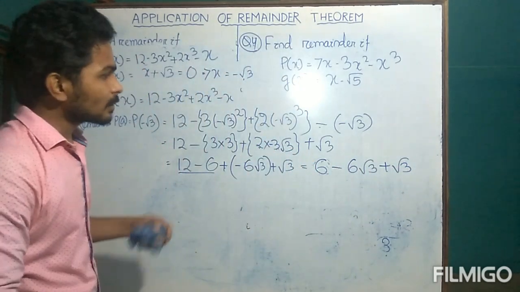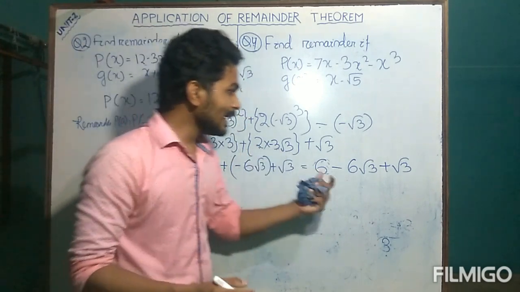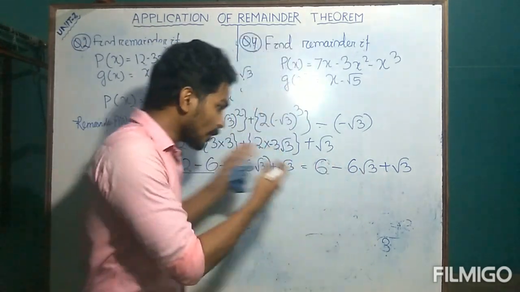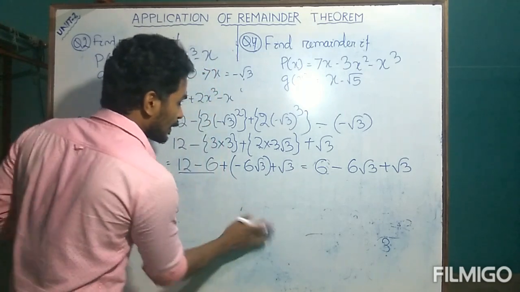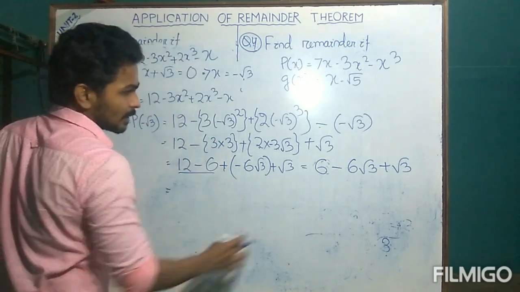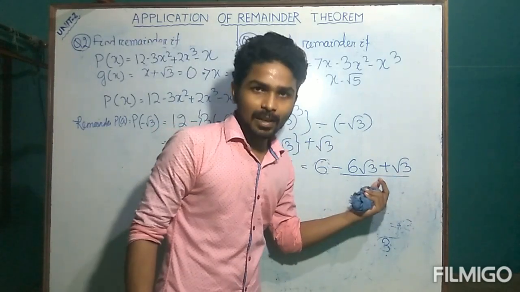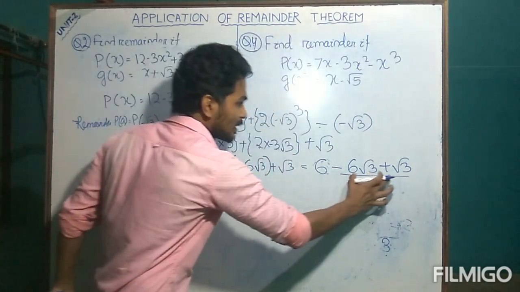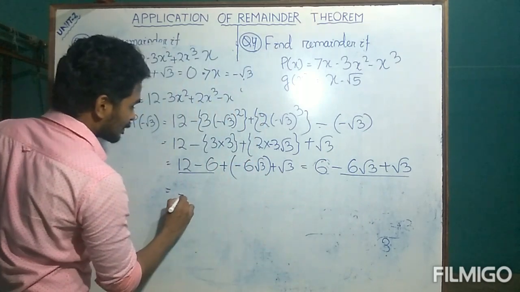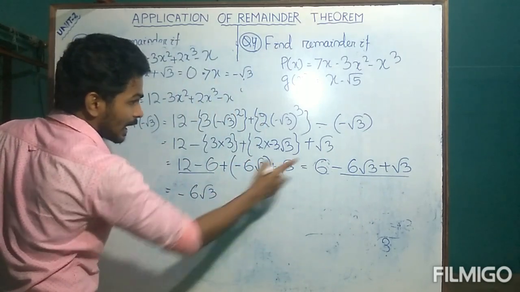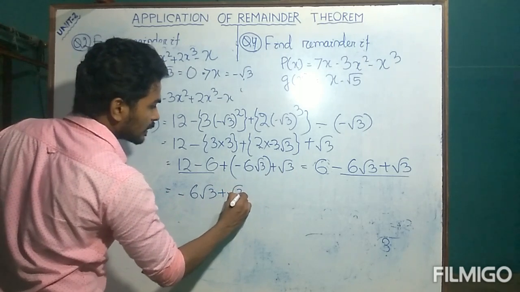Okay. So here you need to write the rational number first, and then the irrational numbers. So there are two irrational numbers. One is minus 6 root 3 and one is plus root 3.